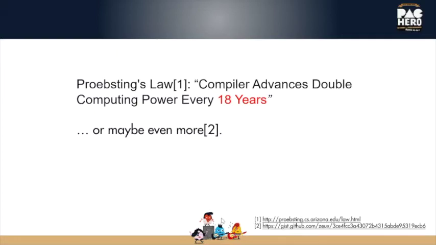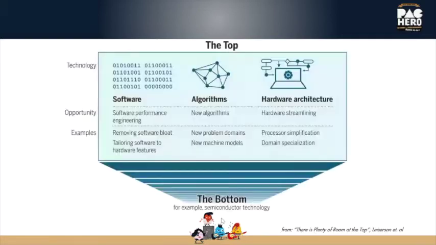And there is a recent paper called "There's Plenty of Room at the Top," which tries to identify the key areas that will be driving performance in the near future. They identified three areas, and one of them is hardware architecture. As I said, we already see this coming.